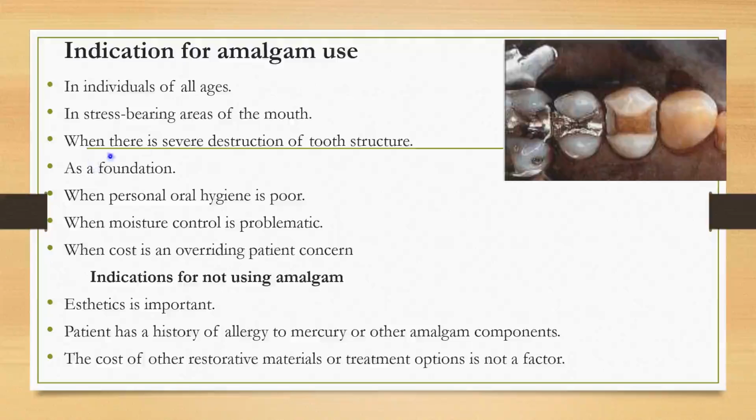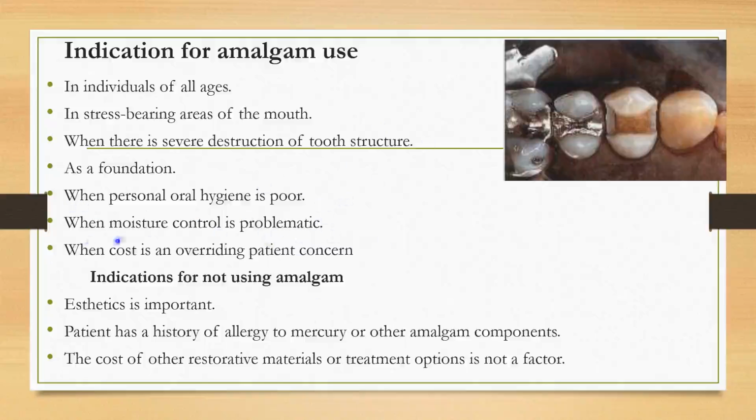It's used when there is severe destruction of tooth structure, and when the person has poor oral hygiene, and when moisture control is a big problem, like you can't remove the saliva in the mouth, you can't isolate very well.